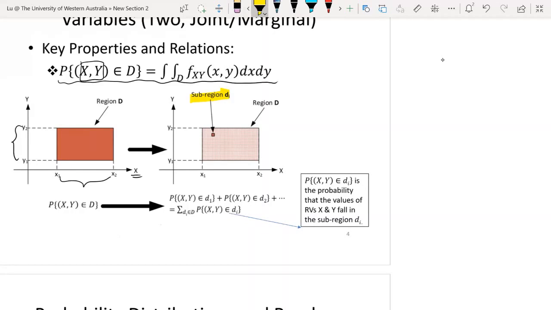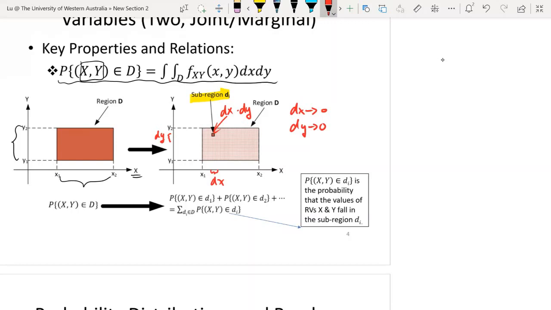Each single subregion is small enough to be denoted by Di. For each square, its dimension is dx by dy: horizontally dx, vertically dy. Imagine dx and dy are approaching 0, very tiny.